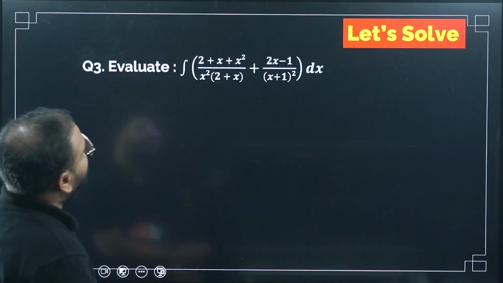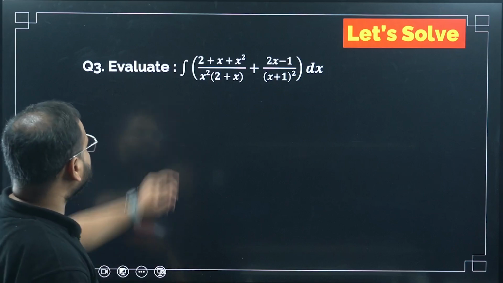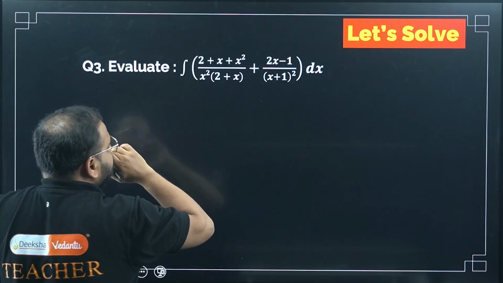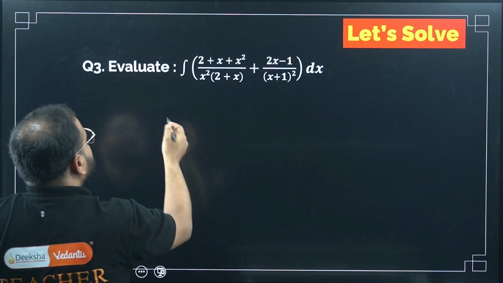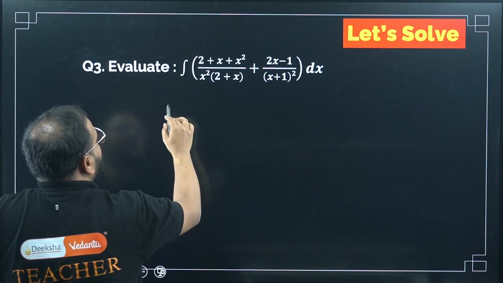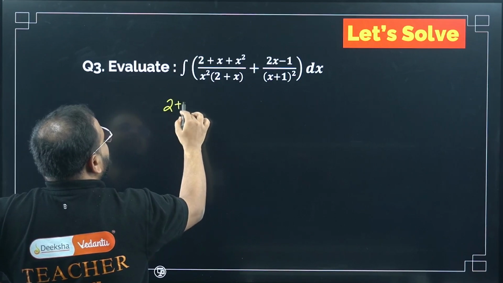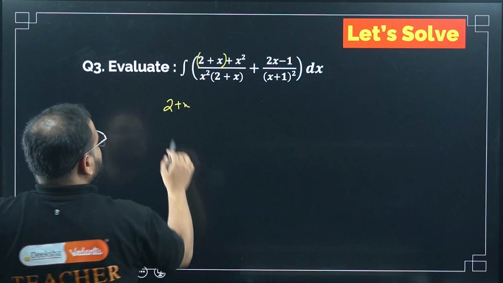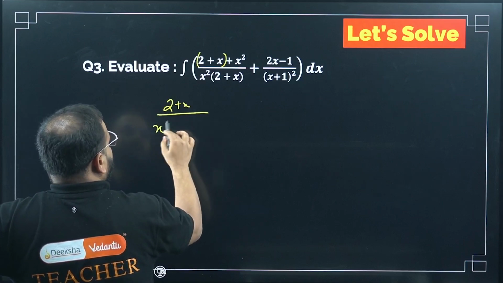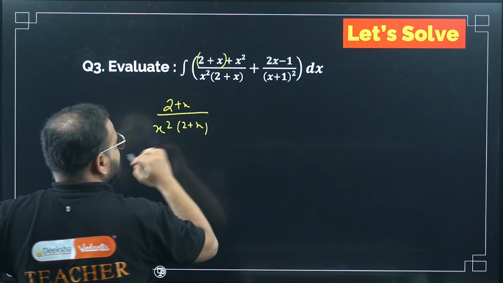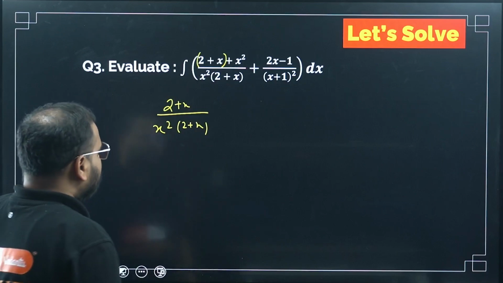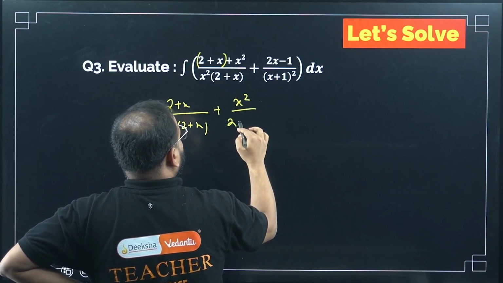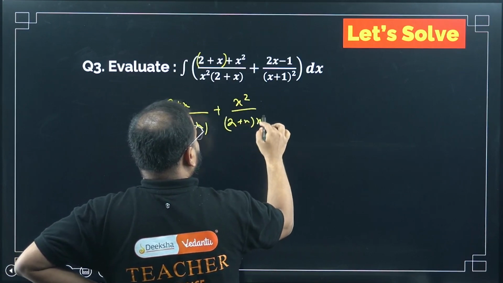So to solve this, please check, I have to make some modifications. You'll see how. I can write this as 2 plus x, I'm clubbing this together, so 2 plus x upon x square times 2 plus x, and I'm writing this as plus x square upon 2 plus x times x square.